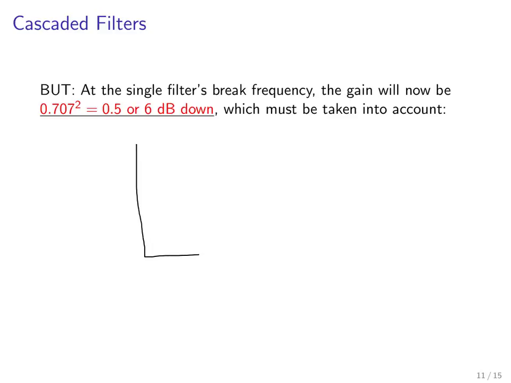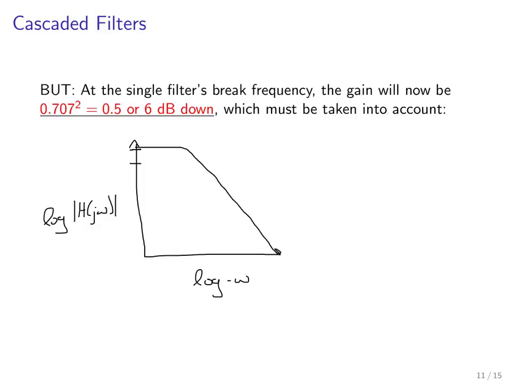So, for example, if we had a log-log plot where the x-axis is log omega and the y-axis is log of the magnitude of H of j omega, comparing the transfer function of a single filter with cascaded filters, and the original filter has this sort of transfer function, the cascaded filter is going to be mostly the same in the passband, but it's going to start to go down earlier.